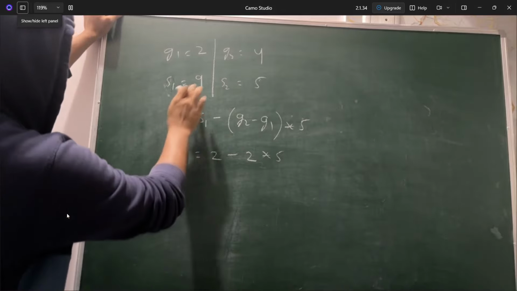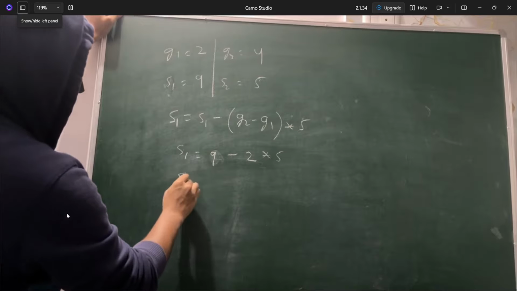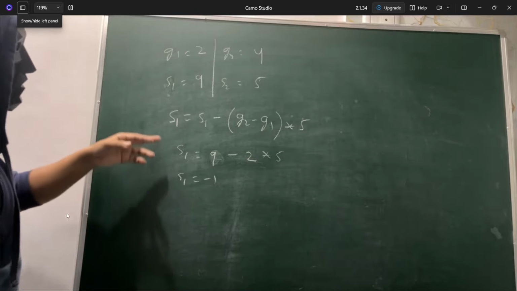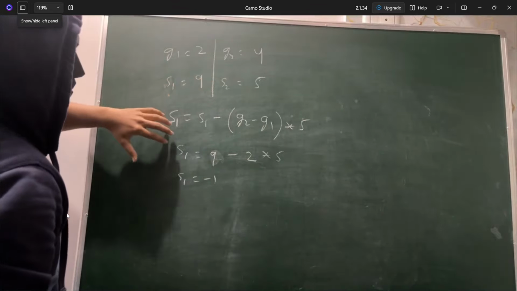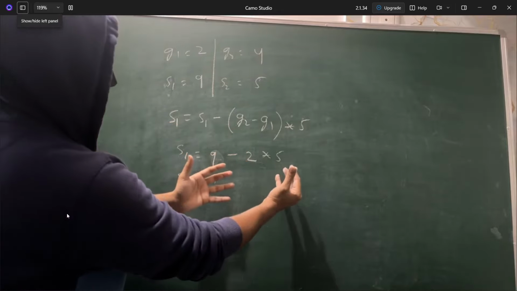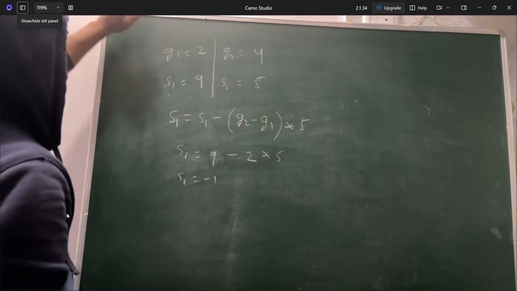Sorry, s1 was 9, not 2. So which means your s1 is now minus 1, which means you don't have any silver coin, but your gold coin is now 4. Why is your gold coin 4? Because you have taken 10 silver coins and made them into 2 gold coins, which was equivalent to g2.